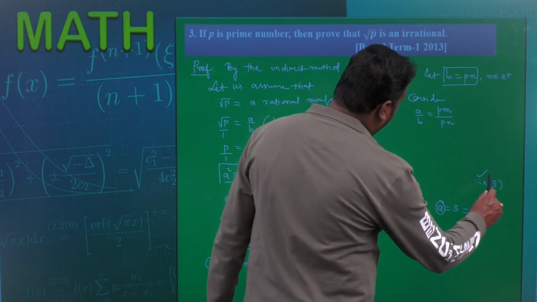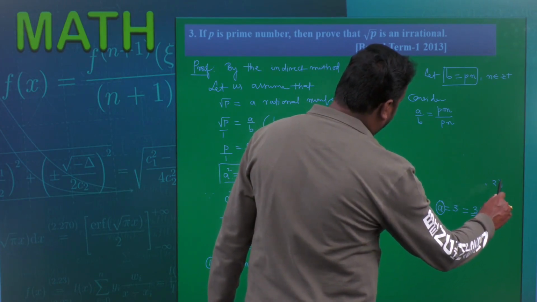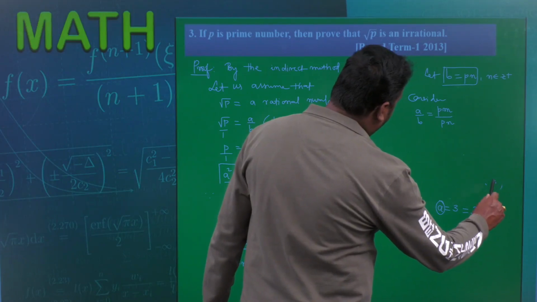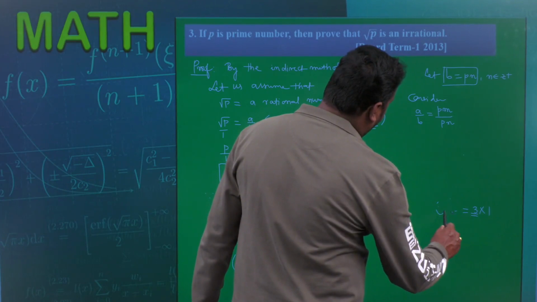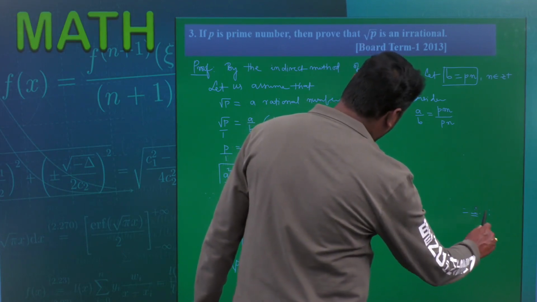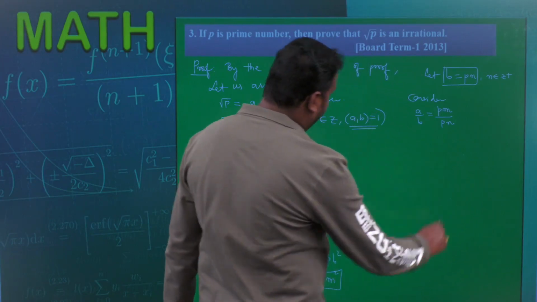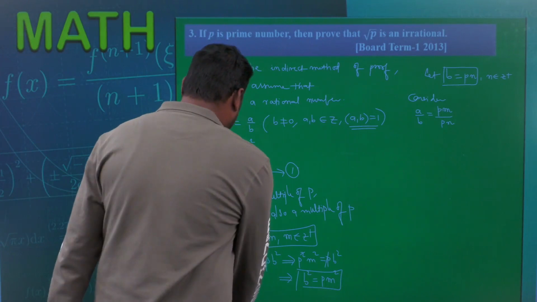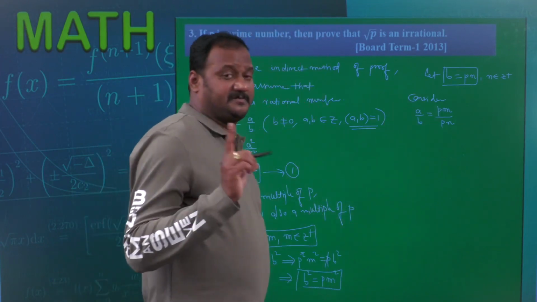But before you cancel that, you have to understand one more thing: what is the HCF of pm and pn? The HCF of pm and pn is p, because p is the common factor of both the numbers pm and pn. So the HCF of pm and pn is p.